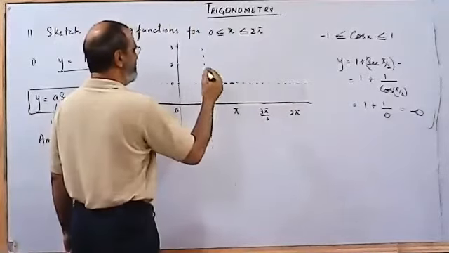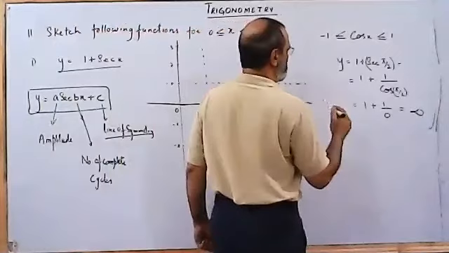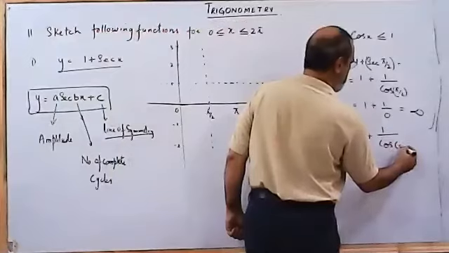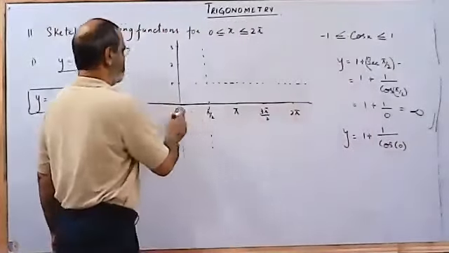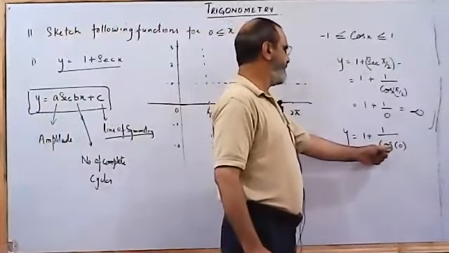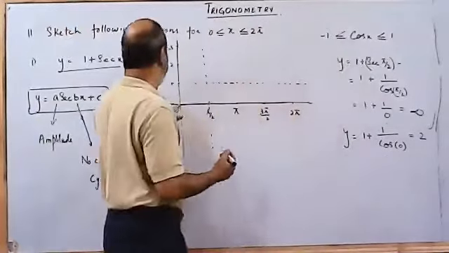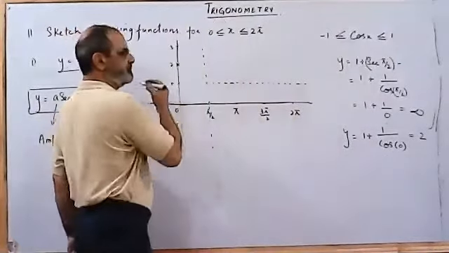First I have to check 0 as well. y is equal to 1 plus 1 over cos 0. At 0 degree, cos is 1, so 1 divided by 1 is 1, plus 1 is 2. So at 0 degree, you are here.